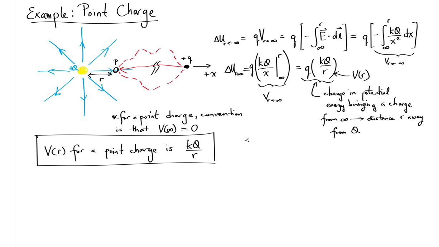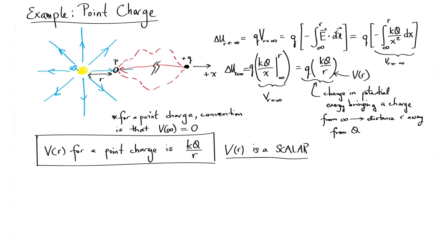Another important thing to notice is that the voltage, V of R, is a scalar. It does not have a direction like the electric field. And you can see that I get the voltage by integrating E dot dl. So this is a dot product, right? A dot product of two vectors gives me a scalar.